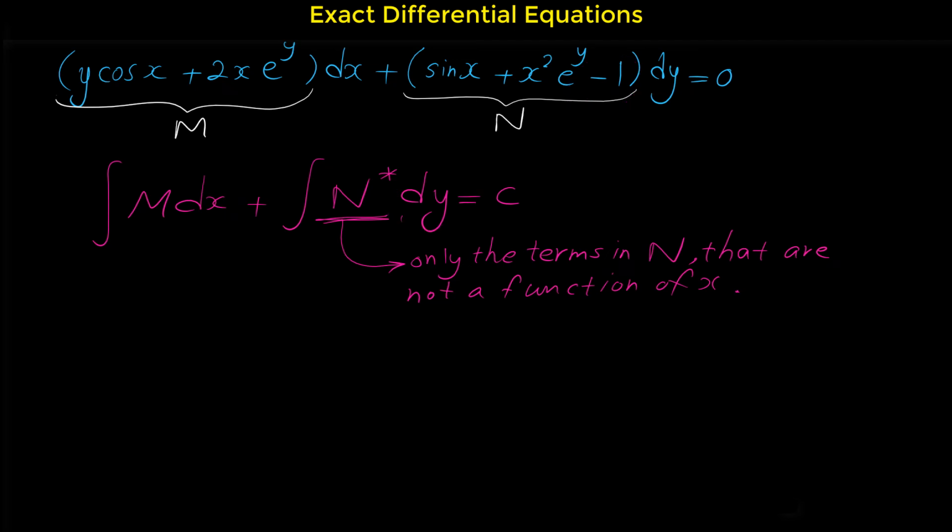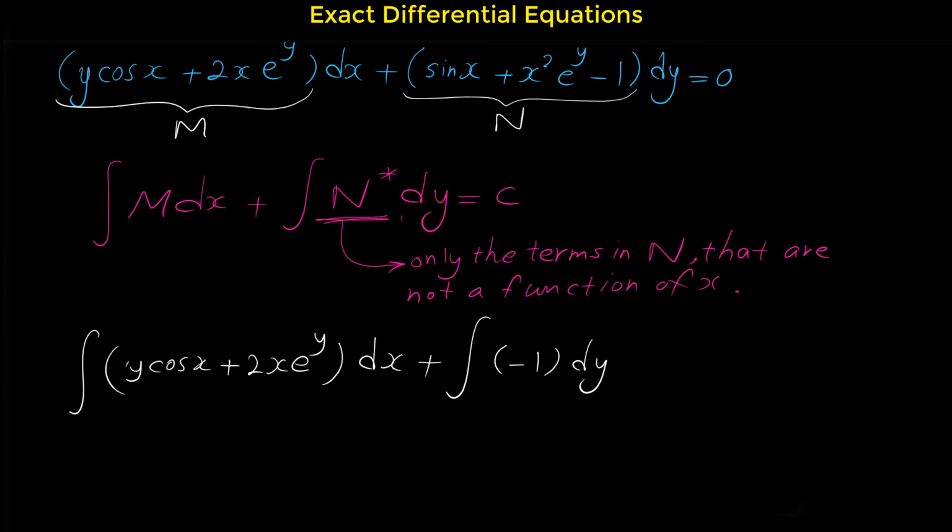So based on this formula, our answer is the integral of y cosine of x plus 2x e to the y dx plus the integral of only negative 1 dy equals C.